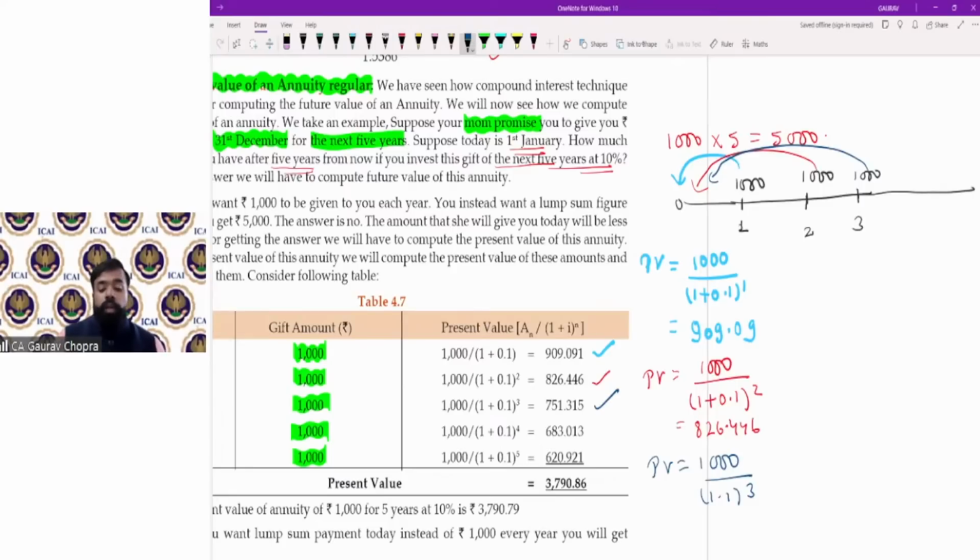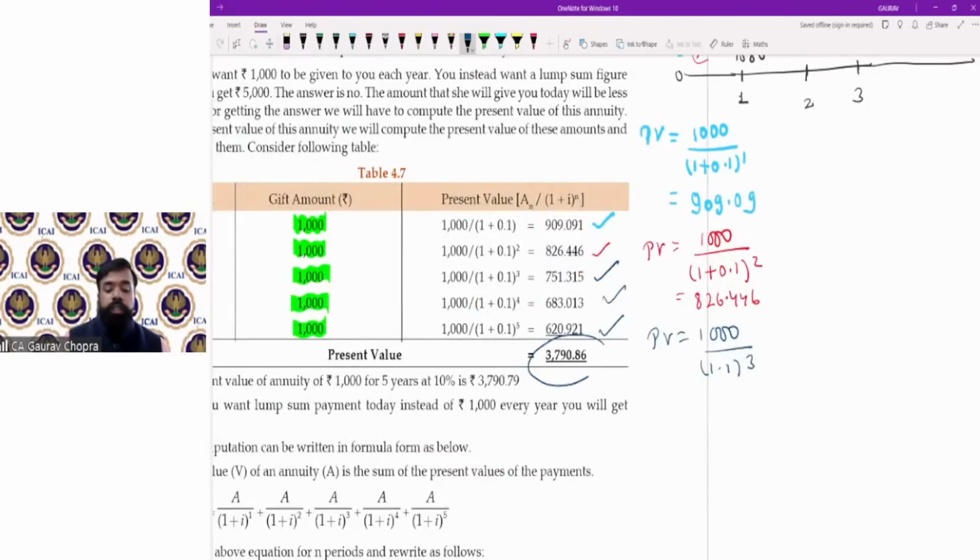Now you have to calculate for up to 5 years. Now after all these calculations, add the figures, you will get 3790.86. Now this method is quite lengthy, but we have to use the shortcut method. So let us understand the shortcut method also.